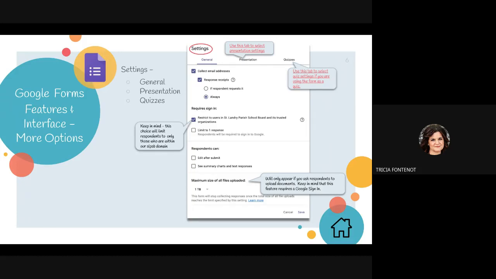If you got my registration, you probably got a notification saying that you had to sign in. If you tried to access that from your phone, maybe it's because you weren't signed in to Google, which, by the way, you can always download your Google Drive onto your phone and sign in on your phone as well. That way you're always signed into your school account.